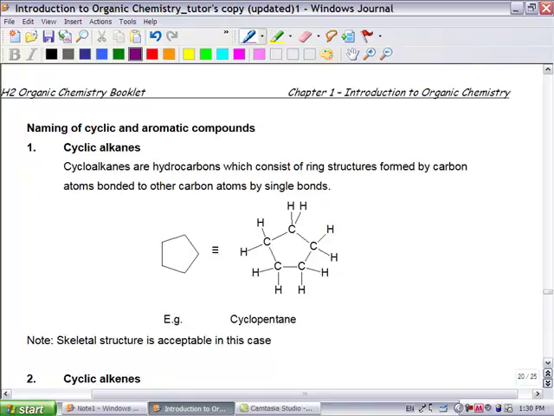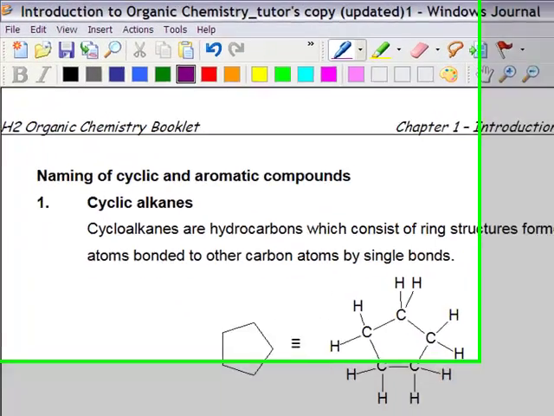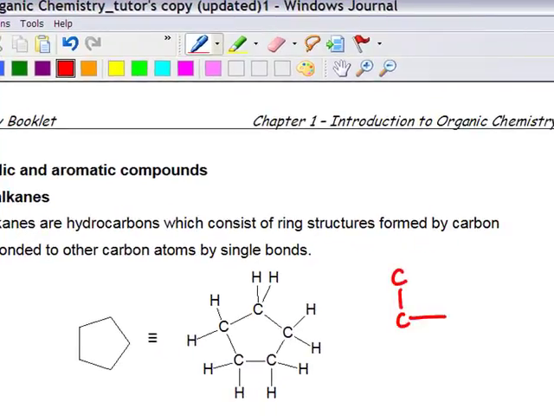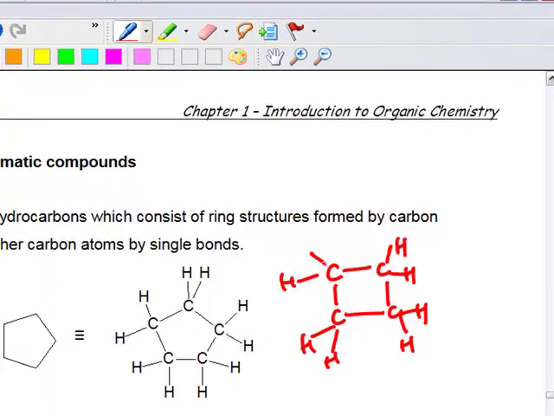For example, we have a cyclopentane in this case. We could have a cyclobutane that looks like this, in a squarish shape. Hence, usually we represent it as a square, like this.